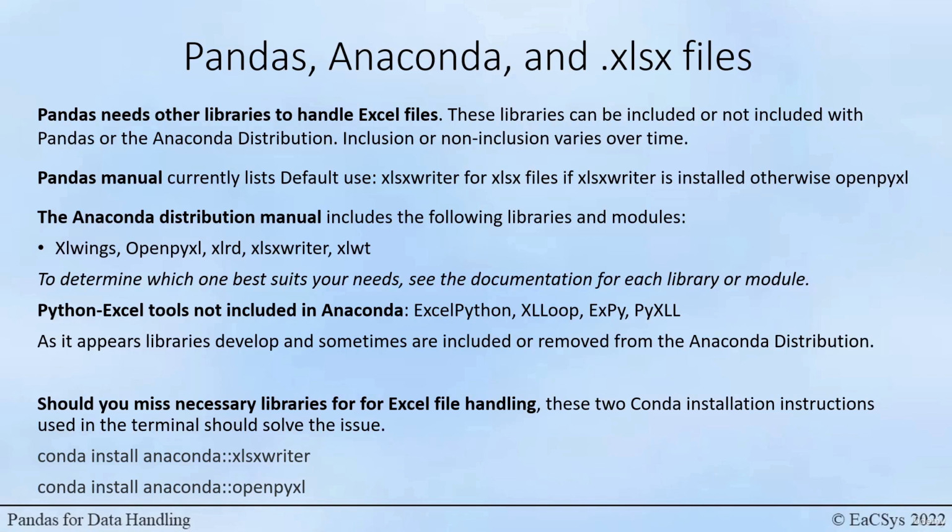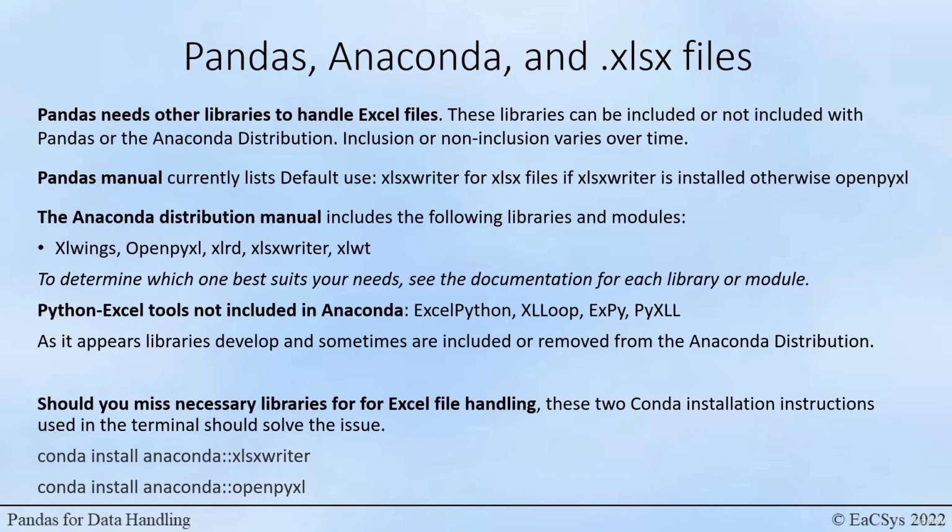And then the information is included that Python Excel tools are not included in the Anaconda, and they have listed XLPython, XLLoop, XLPy, or PyXL. And as it appears, libraries are developed and sometimes are included or removed from the Anaconda distribution. And should you miss necessary libraries for using Excel, these two Conda installation instructions used in the terminal should solve the issue.